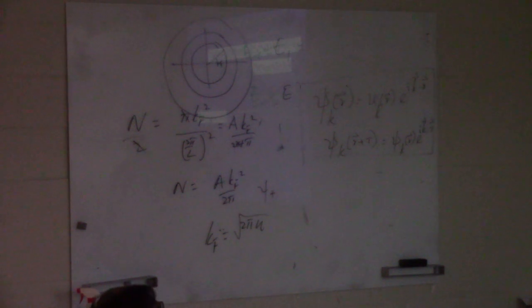In one dimension, r plus T is x plus a, right? T is a. Psi_k(x plus a) equals psi_k(x) times e^(ika). That's what you have to show. This is three dimensions, and this is how it looks in one dimension, because T means some a.